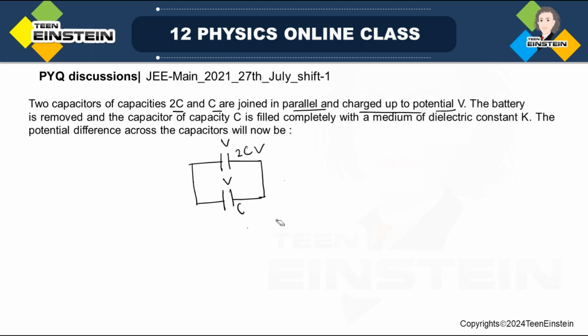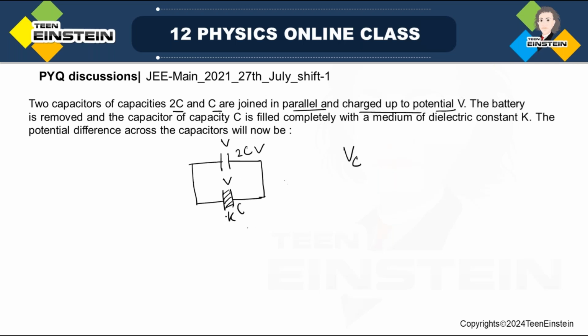In this situation, a dielectric material is filled in the gap between the plates of the capacitor of capacitance C. So this is a dielectric constant K. Then what will be the common potential difference in this condition? Because they are connected, there will be a common potential difference.